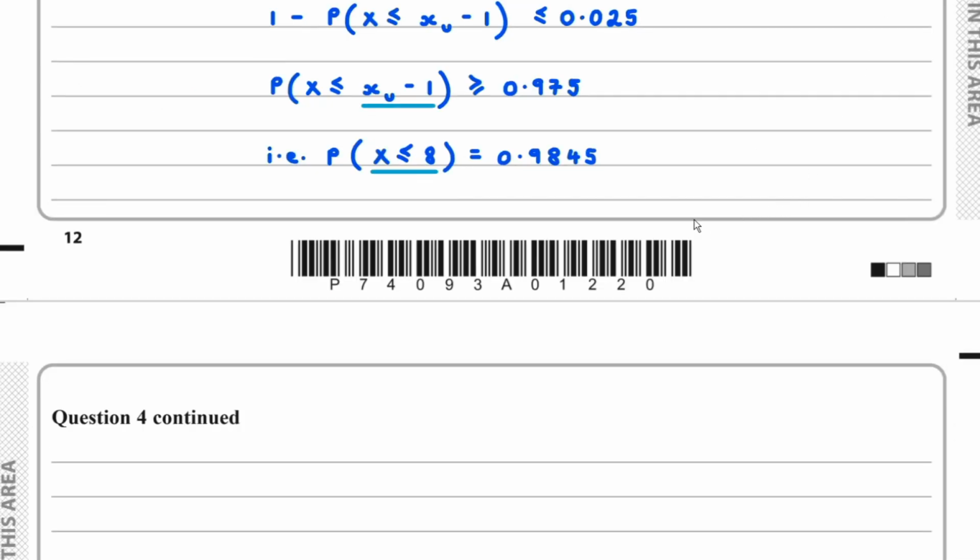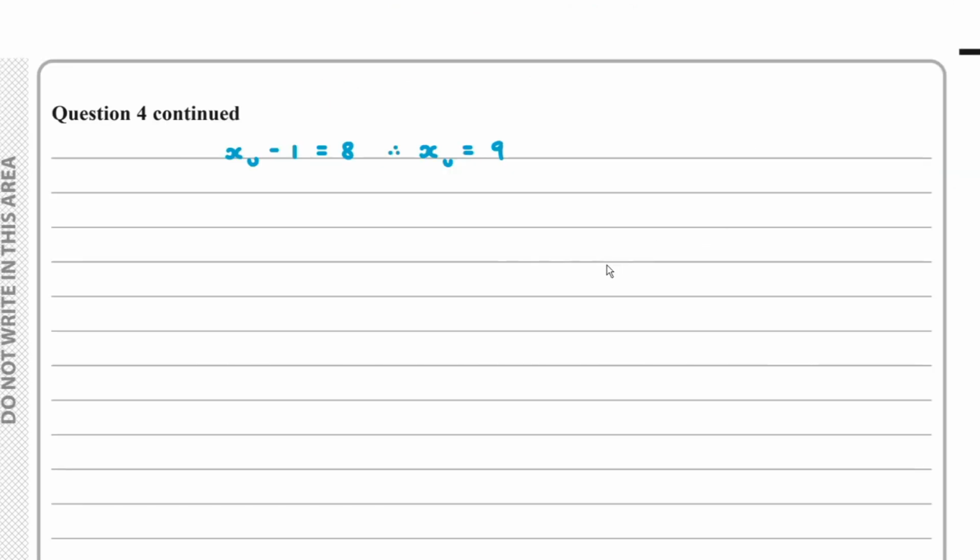So now, if we compare x upper subtract 1 with the 8, we have x upper subtract 1 equaling 8, meaning x upper is equal to 9. Which means the probability that x is greater than or equal to 9, well, that's the same as 1 subtract the probability that x is less than or equal to 8.